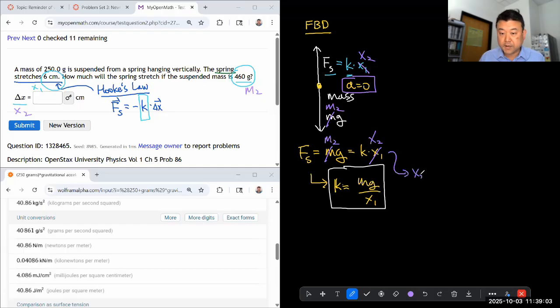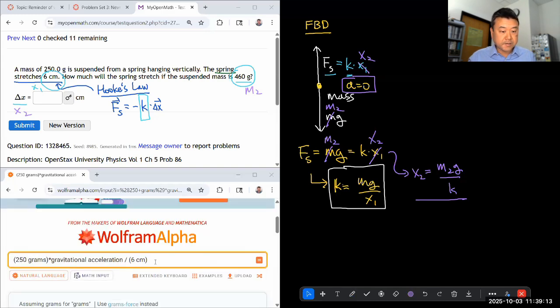So solving for X2, it's going to be M2 g divided by k. And I think I can do this calculation within Wolfram Alpha. I know this particular combination of quantities is my k, so I'm going to end up dividing by that in the end. And I have M2, 460 grams, times, again, gravitational acceleration, which I think will cancel out.